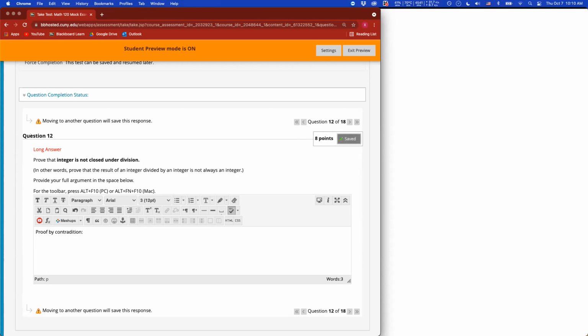We did a similar proof in class where we checked that irrationals are not closed under exponentiation. Right, so we want to assume integers are closed under division.